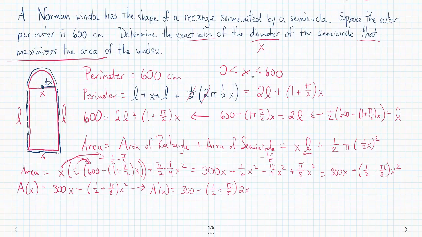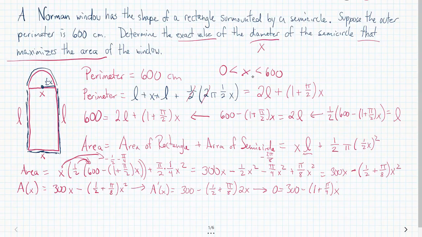Okay, well that looks good, and so now we set this equal to 0, so 0 equals 300 minus (1/2 plus pi over 8) times 2x. If I distribute that 2 on through, notice we'll get (1 plus pi over 4) times x.